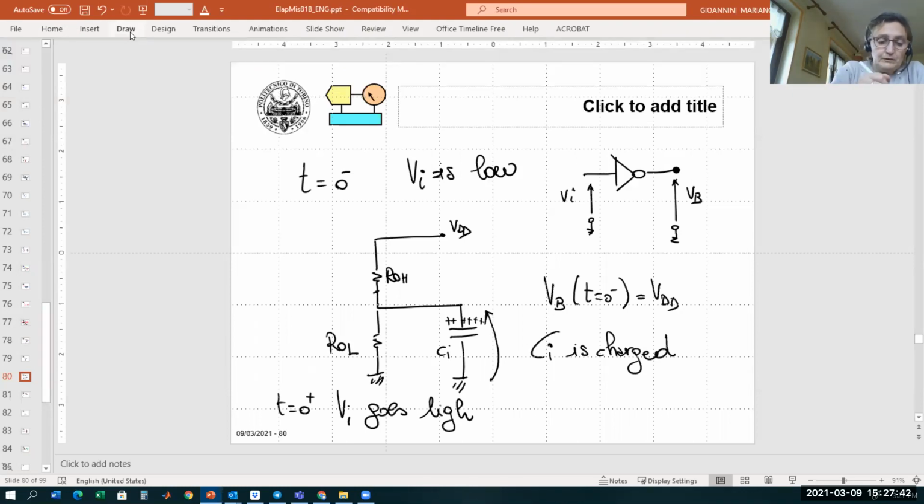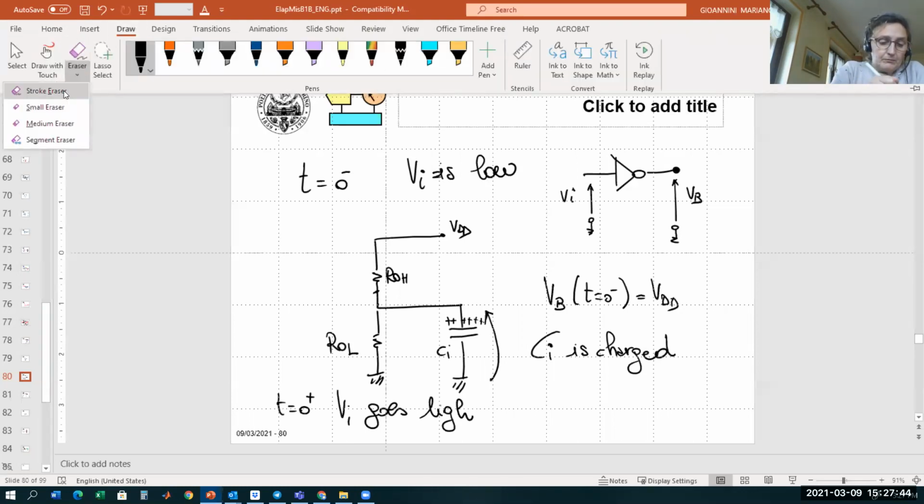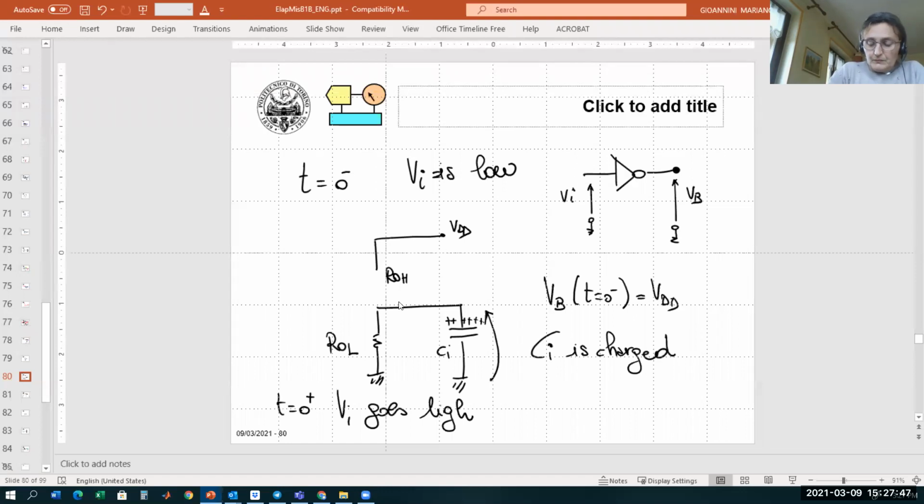So we open the connection to VDD. So in this case, which type of transient do we have? What do you expect to see?